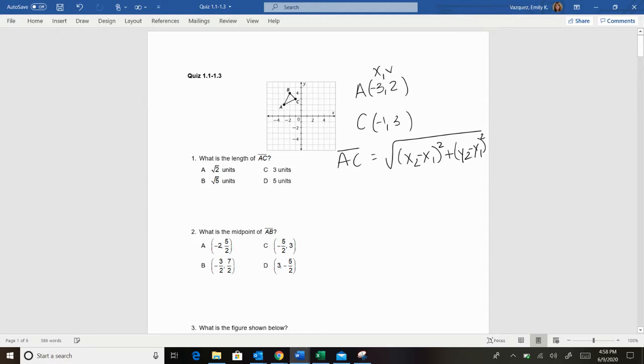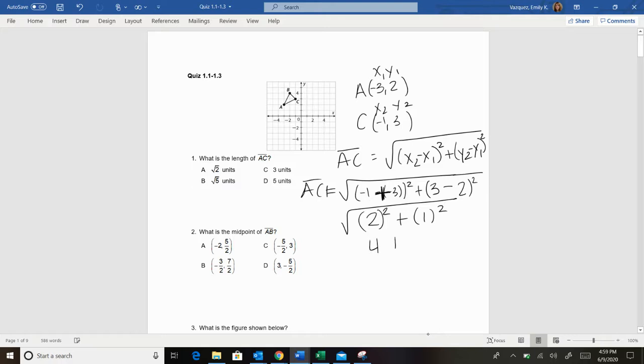So I'm going to say this is x1, y1. This is x2, y2. And I'm going to go ahead and plug in. So I'm going to get x2, which is -1, minus x1 squared. y2 is 3 minus y1, which is 2. This double negative here makes a positive. So -1 plus 3 is 2. 3 minus 2 is 1.